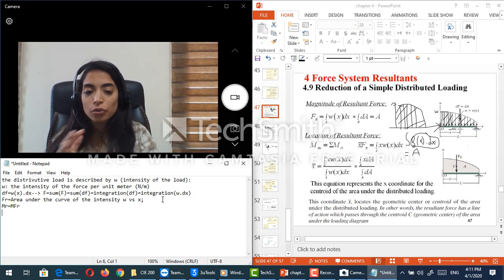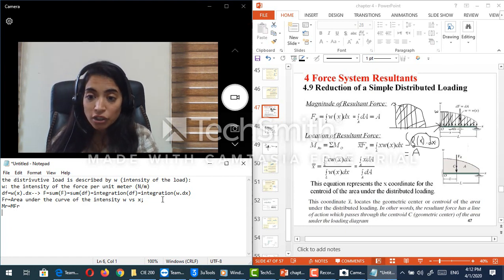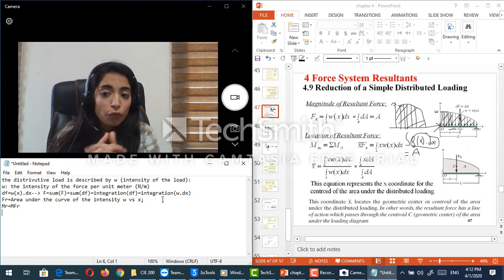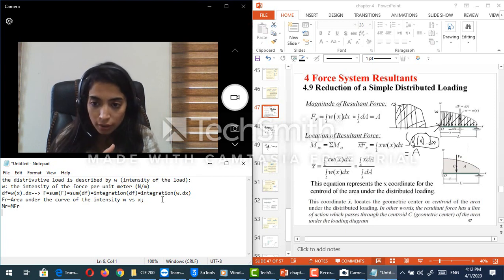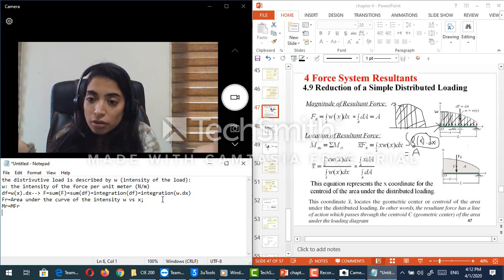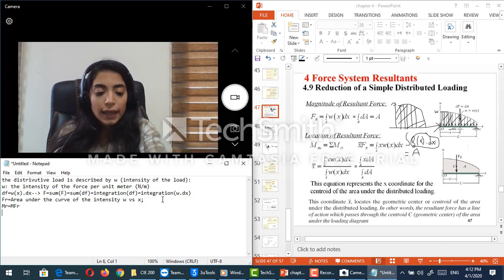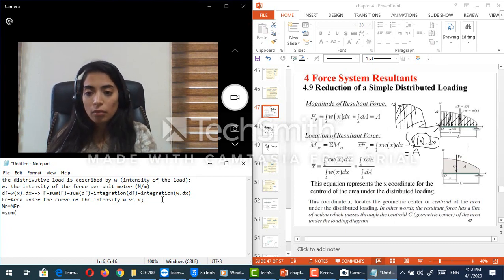Now let's substitute M resultant by its equation. What is the equation of M resultant? M resultant is the sum of all the moments of all the forces on this body. So basically, since here I have dF, it is equal to the sum of the moments.